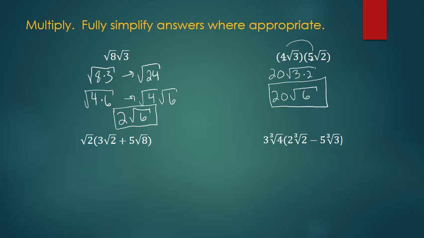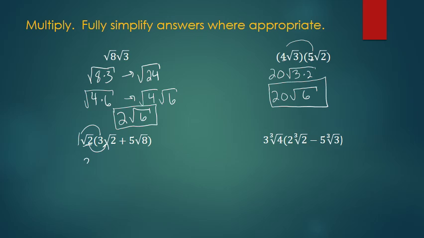All right, for this next one, we're going to have to use distribution like we've used before. We have a square root of 2 on the outside, and then we have 2 terms on the inside of the parentheses. So the first thing we need to do is multiply the square root 2 by 3 root 2. Well, this time there's a 1 out here, so we do 1 times 3 to get the first value.